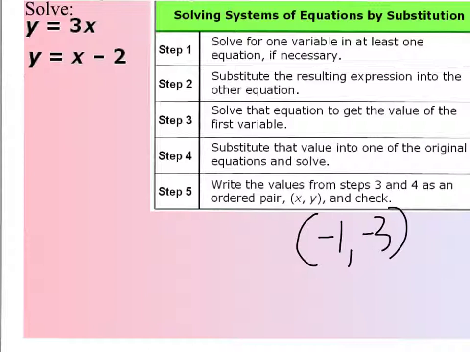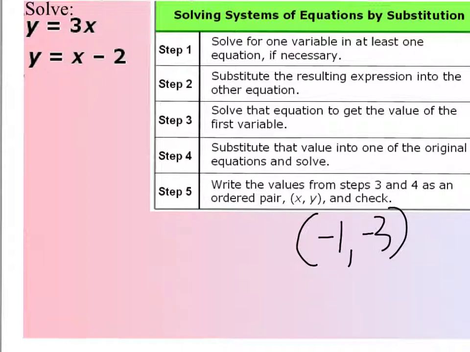The second step is that you substitute the resulting expression into the other equation, and I will show you what that means. It makes more sense if you watch. And the third step, solve the equation to get the value of the variable. So basically you'll solve the equation.